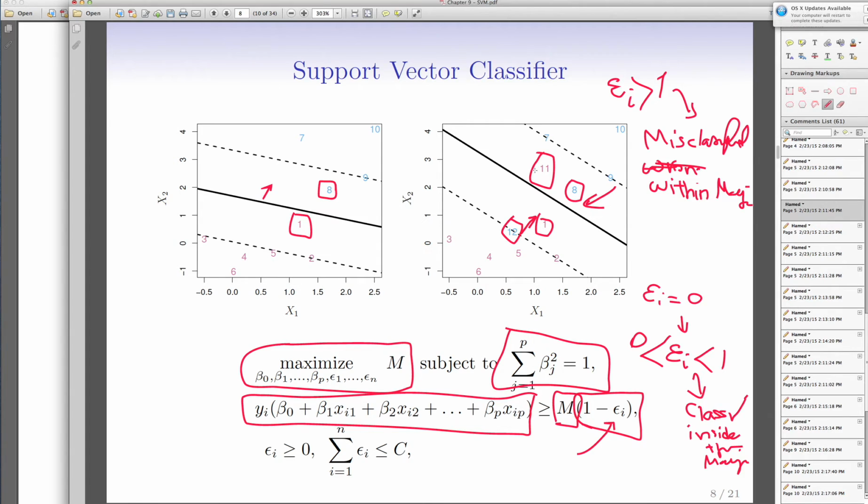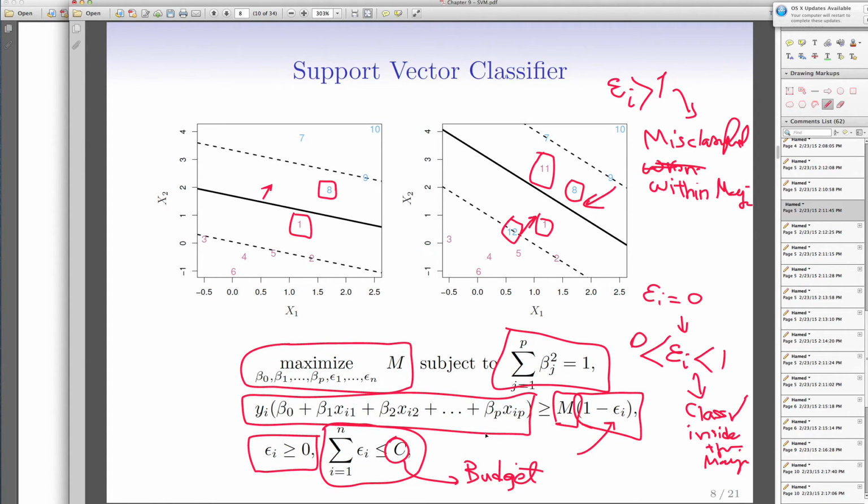So does 11. 11 is on the wrong side of its margin and it's misclassified. So these epsilons are tuning parameters that we have, and they're always more than 0. And you make sure the summation of them is less than a constant. So this is the budget. That is the tolerance level you have.